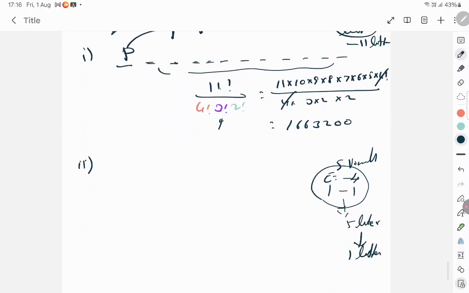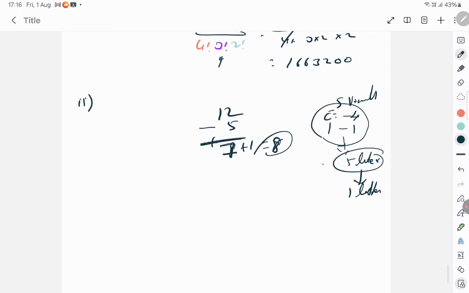In 12 letters, I subtract 5 letters and add 1. 12 minus 5 is 7, 7 plus 1 is 8. Okay, I'm sorry, it is not 9. So if I consider all vowels to be one letter, the juggling will be 8 factorial.